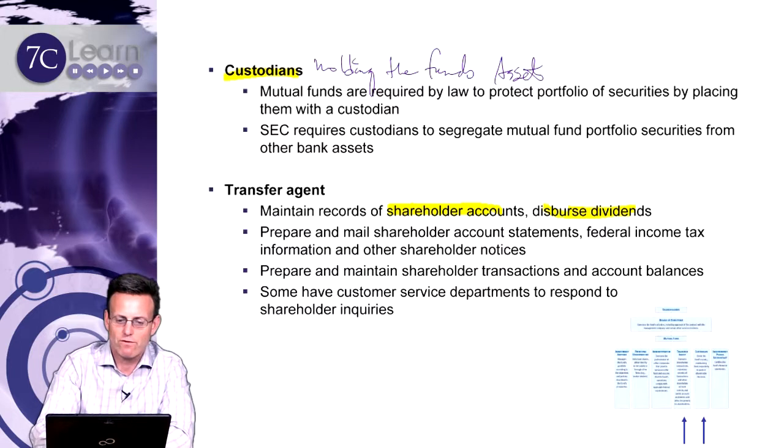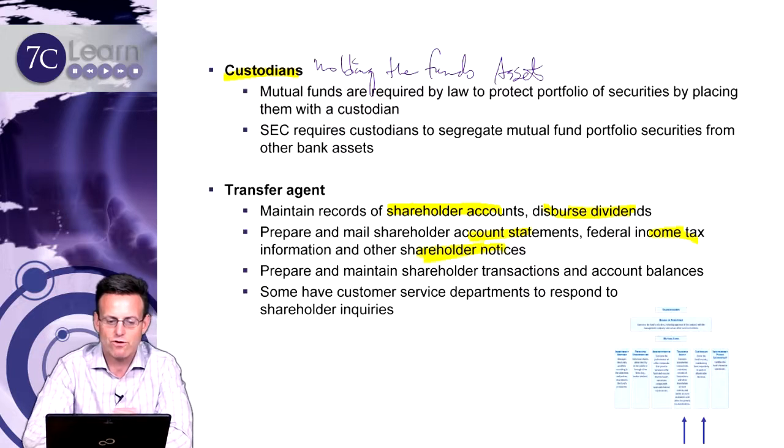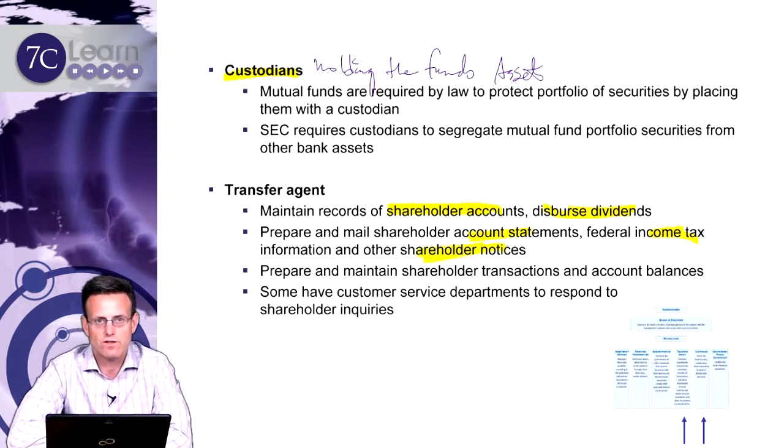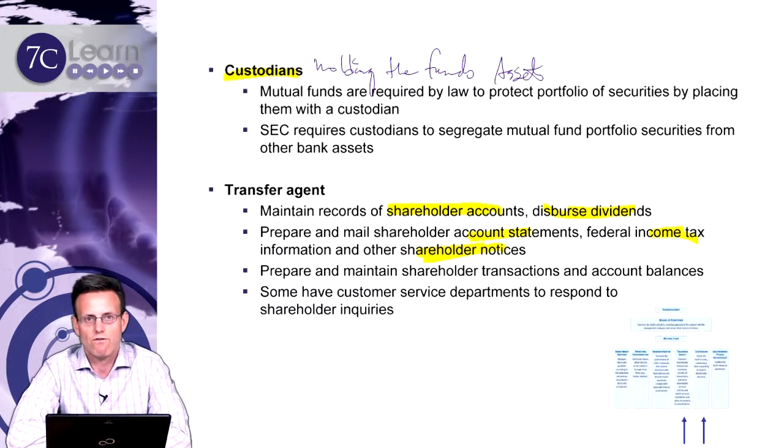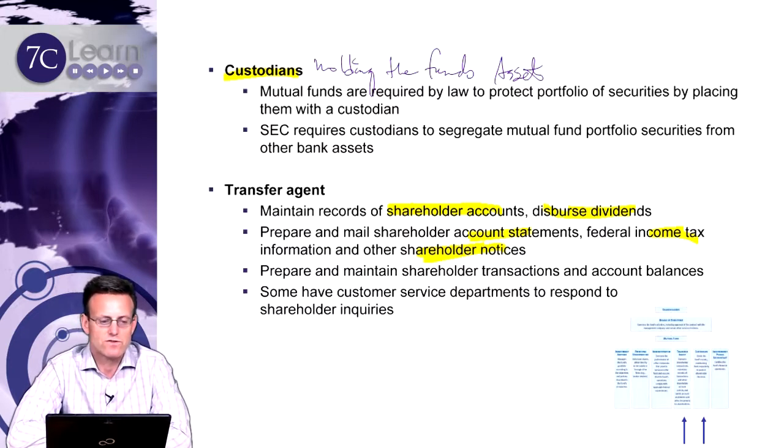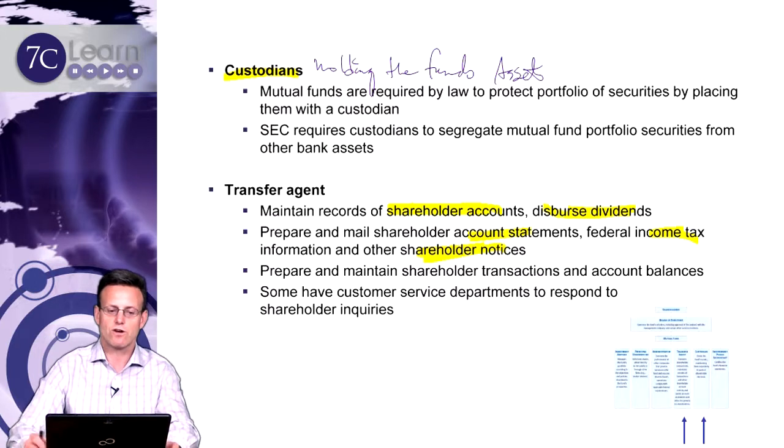They also mail the account statements, deal with tax issues, and other sorts of shareholder notices. Again, if the shareholders need to vote on something, vote for the trustees or vote for changes in investment policy, well, it's the transfer agent that gets that information out to the shareholders, because the transfer agent knows who the shareholders are.